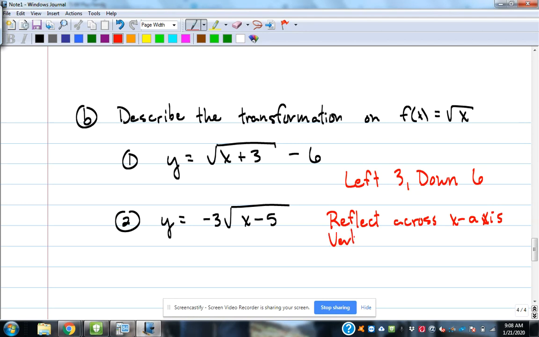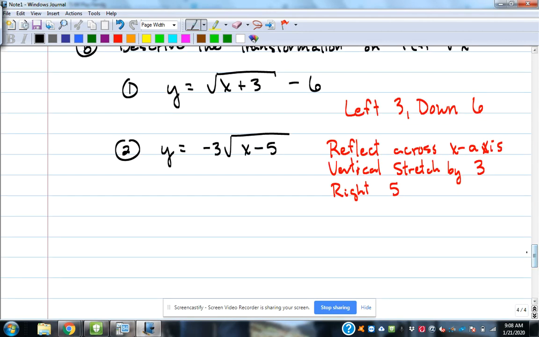Then a vertical stretch. 3. You can write by a factor of 3 or just by 3. I'm pretty loose on that. And then what's the minus 5 on the inside? Right. Again, technically, it does not matter which order you write those answers in. Do one more of these.